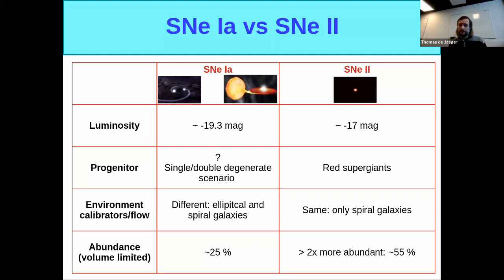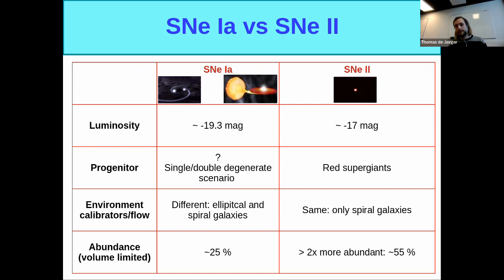While for type 2, they are all in spiral galaxies, so the Cepheids and the type 2 have the same environment. And this is important because one possible explanation of the difference between Planck and the SH0ES team is maybe the use of Cepheids as calibrators.